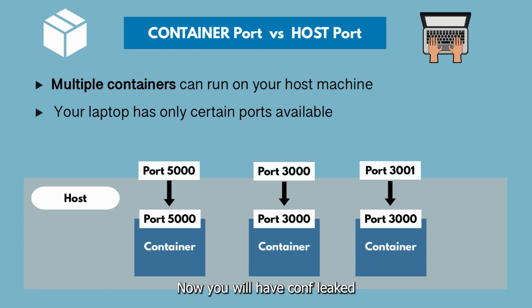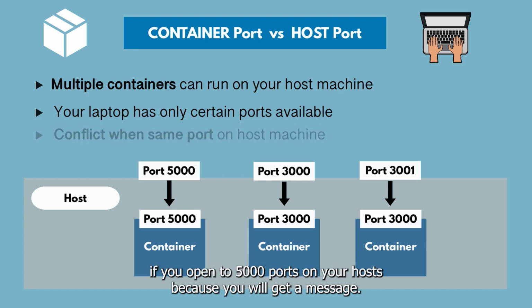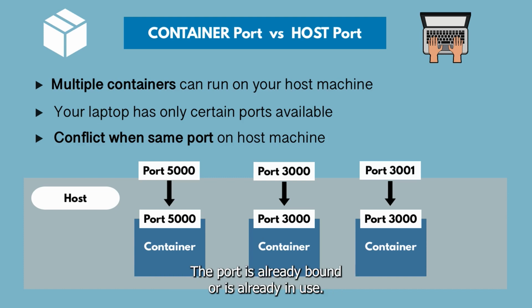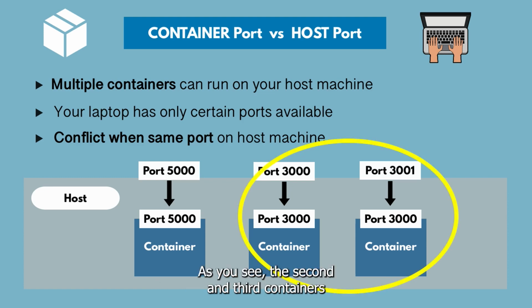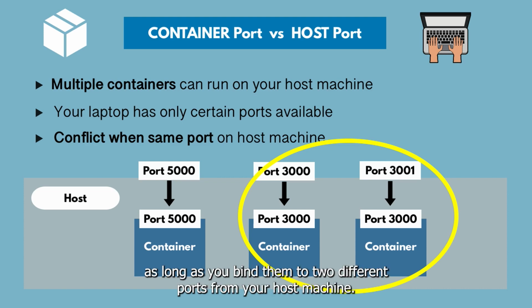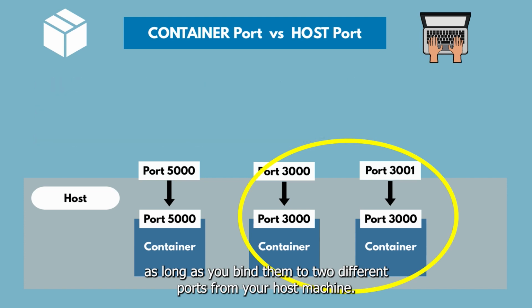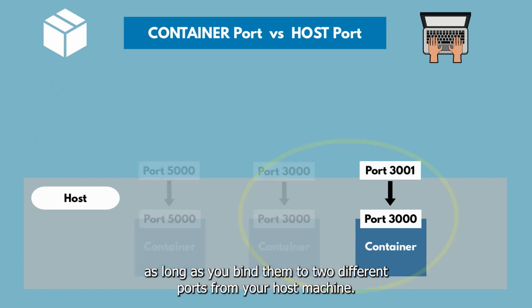Now, you will have a conflict if you open two 5000 ports on your host, because you will get a message that the port is already bound or is already in use. However, you can have two containers, as you see, the second and third containers are both listening on port 3000, which is absolutely okay as long as you bind them to two different ports from your host machine.